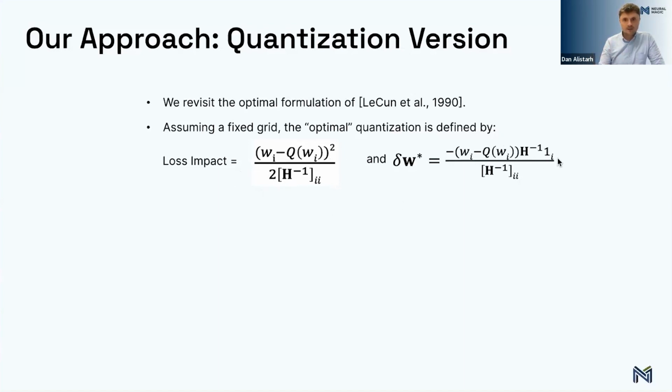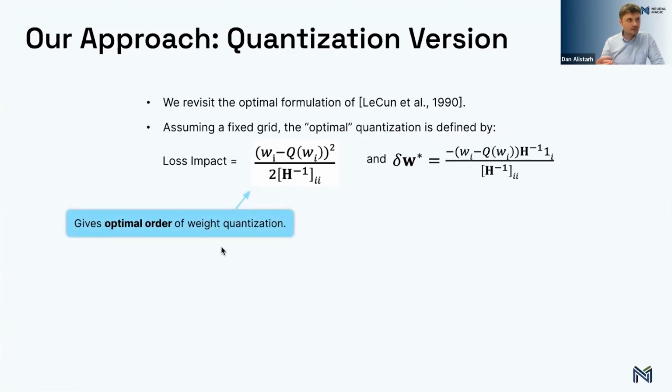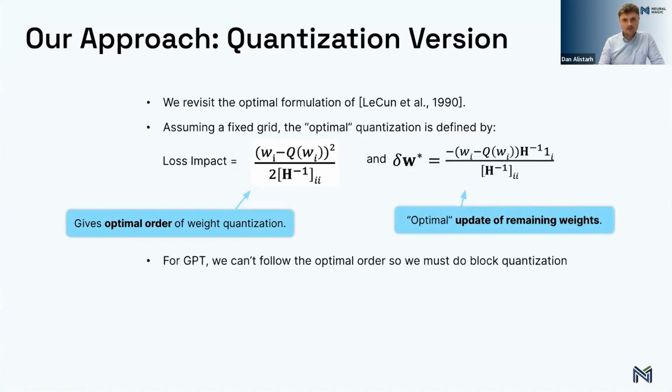So we obtain these second order formulas, where the first gives us the optimal order of weight quantization or weight pruning, and the second update formula tells us how the other weights should be updated once we have quantized or pruned a specific weight, okay?